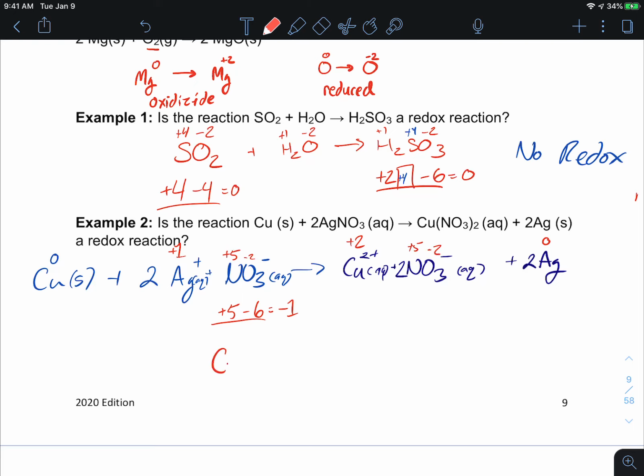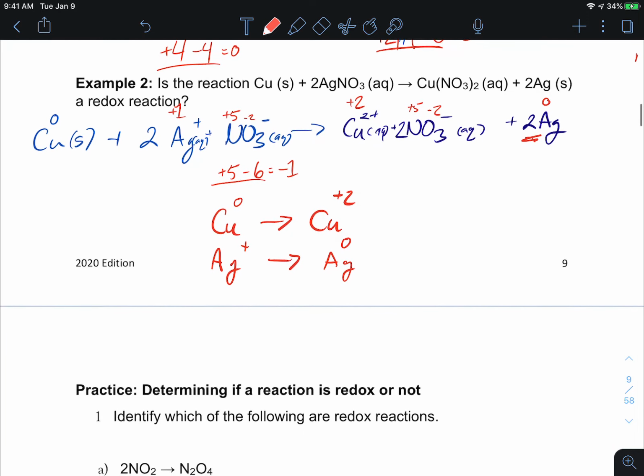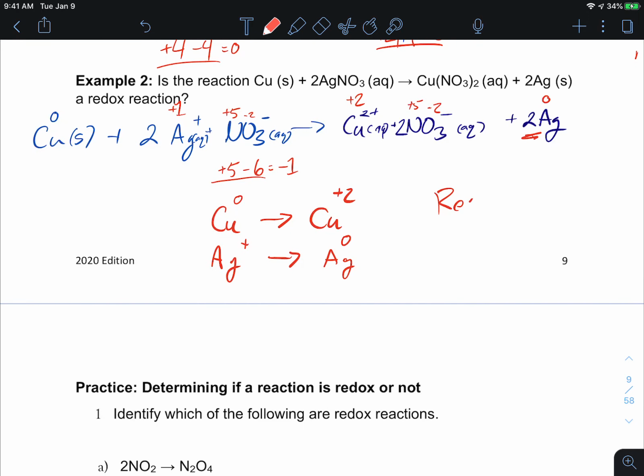And here we see that copper goes from 0 to copper +2, and the silver goes from +1 to silver 0. And we notice there are 2 of the silvers, and that's partially because they needed those electrons from the copper. All right, so this is a redox reaction. I'll leave you to practice with the next practice questions, and have yourselves a great day.